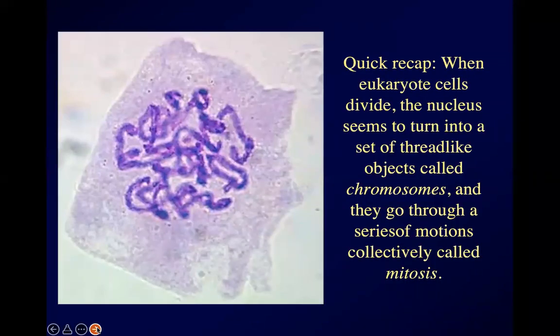To get there, we have to go back, and I reviewed the discovery that life is made up of cells, and when eukaryotic cells divide, as seen under the microscope, the nucleus appears to turn into a set of thread-like objects, and these, of course, are called chromosomes.